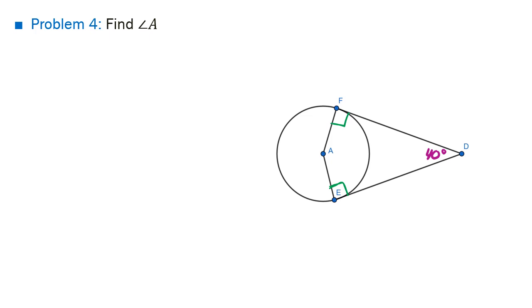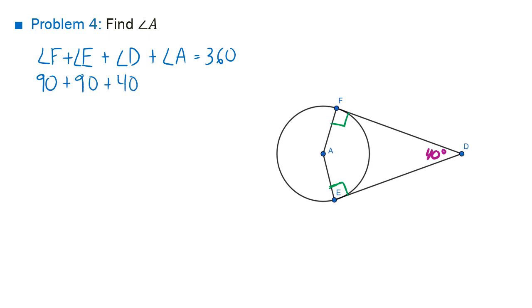And we have ourselves a quadrilateral. And we should know that a quadrilateral has 360 degrees. So we know angle F plus angle E plus angle D plus angle A should add up to 360. Well, we know F is 90, we know E is 90, we know D is 40, and we're looking essentially for angle A.